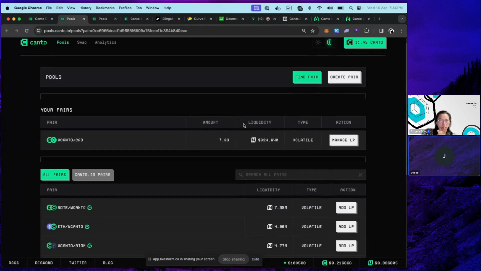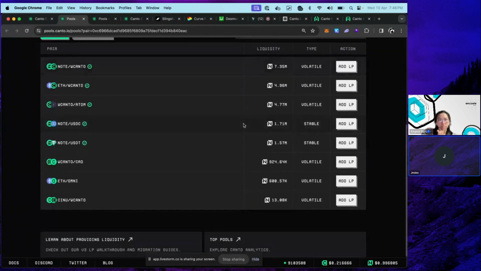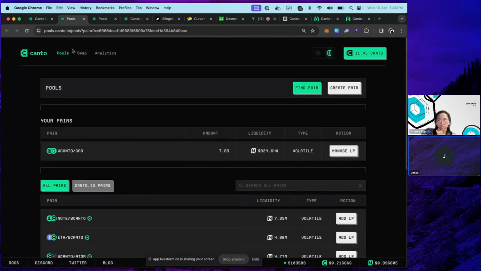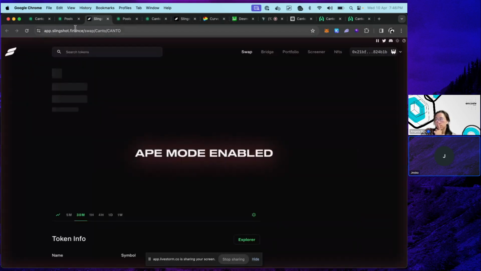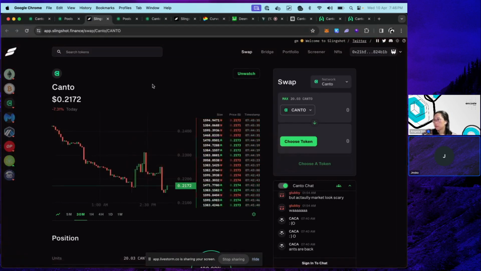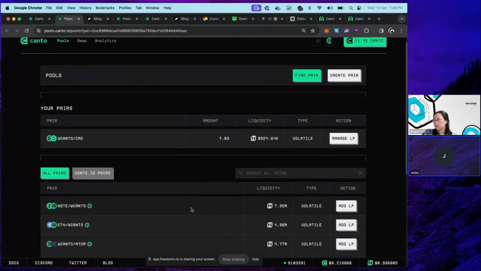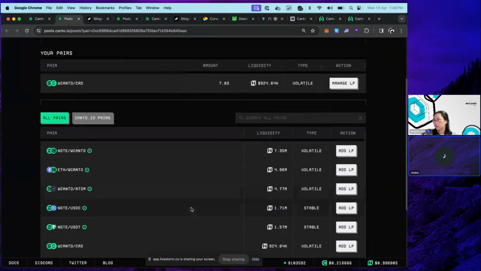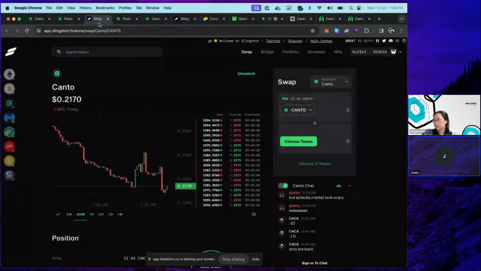So yeah, to summarize, this is the interface for swapping these tokens. We obviously know Slingshot is the leader here in the Canto ecosystem, and all these pairs which you create automatically get added to Slingshot because Slingshot tracks the Canto DEX liquidity, right?